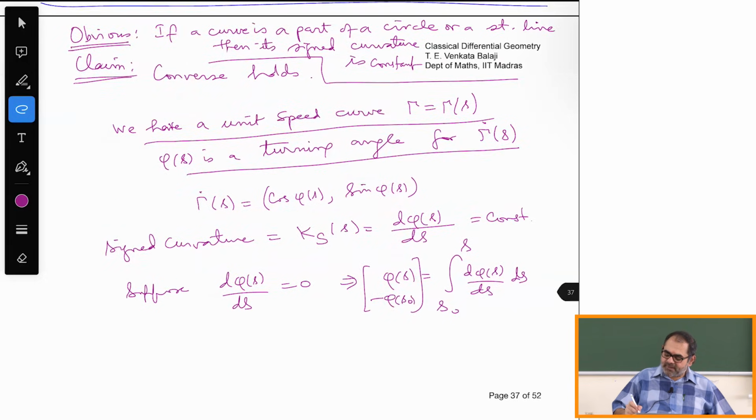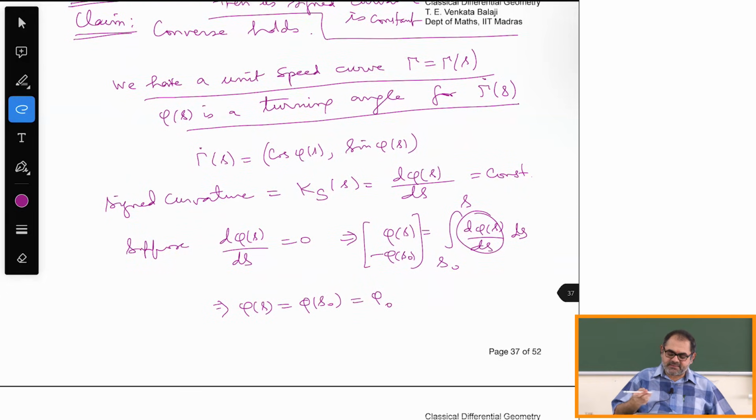But this is 0, so basically I will get phi(s) equal to phi(s0), which is say phi 0. Therefore this should give you a straight line, because gamma dot of s will become (cos phi 0, sin phi 0).